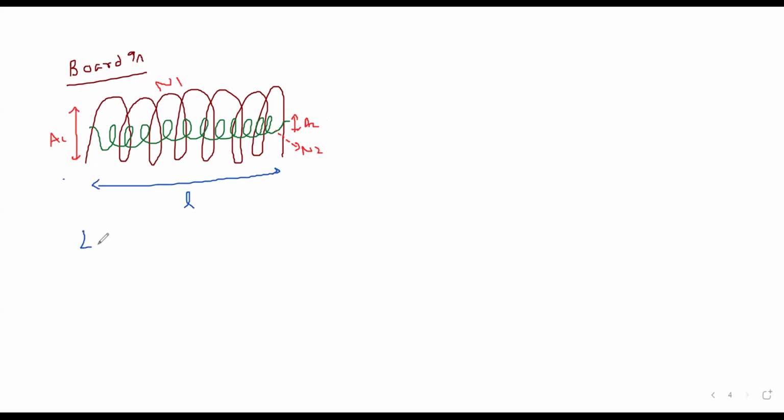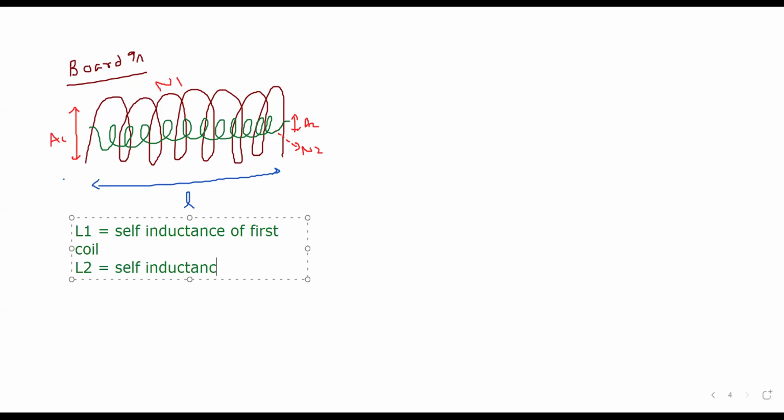L1 is the self-inductance of the first coil, L2 is the self-inductance of the second coil.